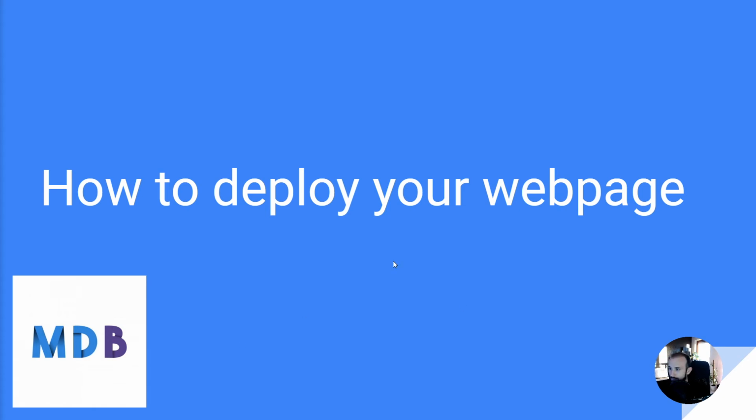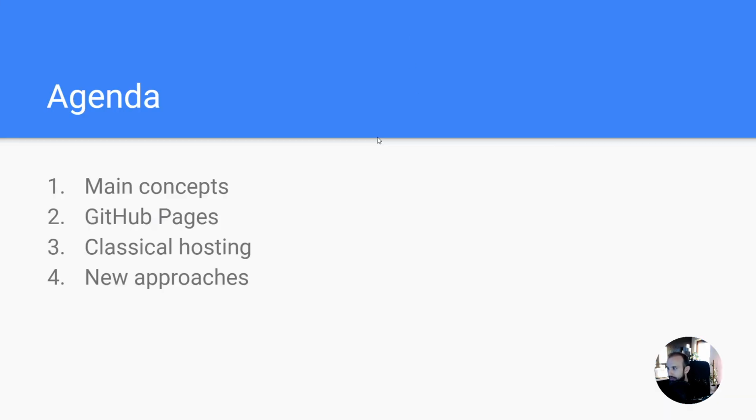So guys, how to deploy our web page. Today we're going to talk about the main concepts related to hosting itself: domains, SSL certificates, and so on. Then I'm going to show you 3 ways to deploy our page to the web.